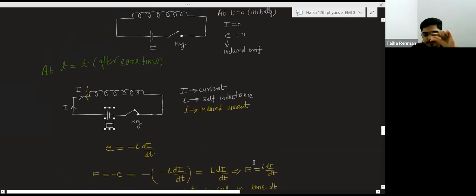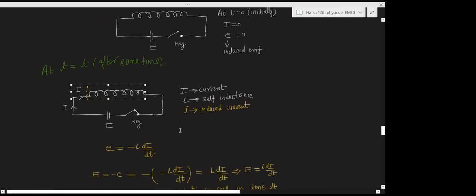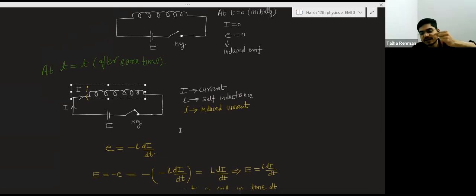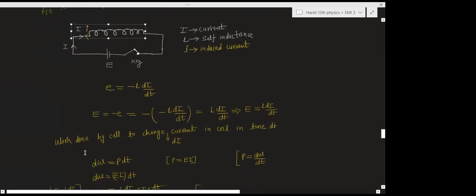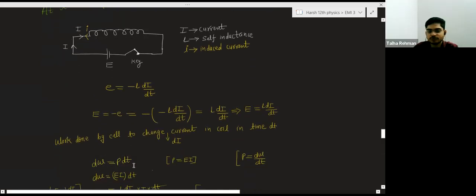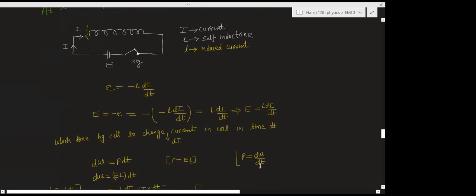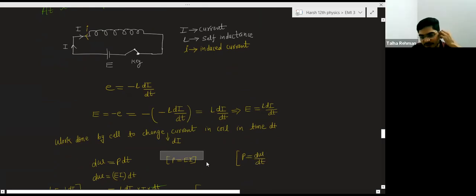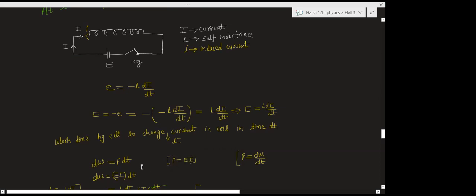In small time dt, we will first calculate the small change in the current in the inductor, then we will integrate, then we will get the total work done to change the current from 0 to I. You should know that power is given by work done divided by time taken, P is equal to dW by dt, and power is also given by EMF into current.